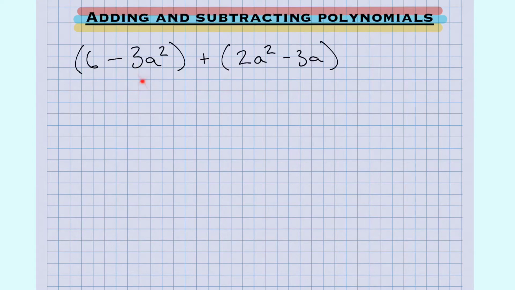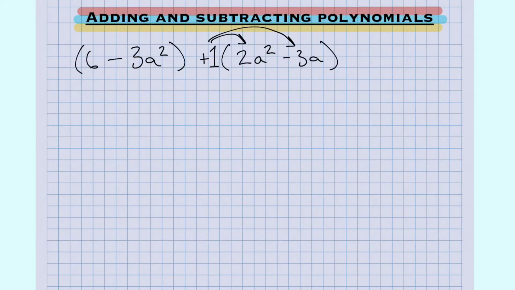Here are our two polynomials, 6 minus 3a squared plus 2a squared minus 3a. Now, like I was just saying, the only time you really need to distribute something in is if you have a negative sign, but here we have a positive sign. If you have a positive sign, you could just go ahead and drop the parentheses. Okay, if you think about it, if I distribute, let's say I have a +1 and I want to distribute +1 in there.